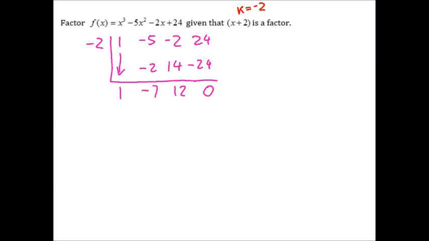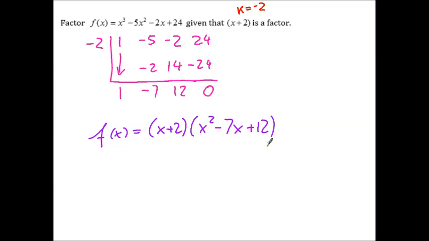So now f of x is equal to, first of all, x plus 2, which was one of our factors, and the remaining trinomial is of the form x squared minus 7x plus 12. Let's see if we can factor that.